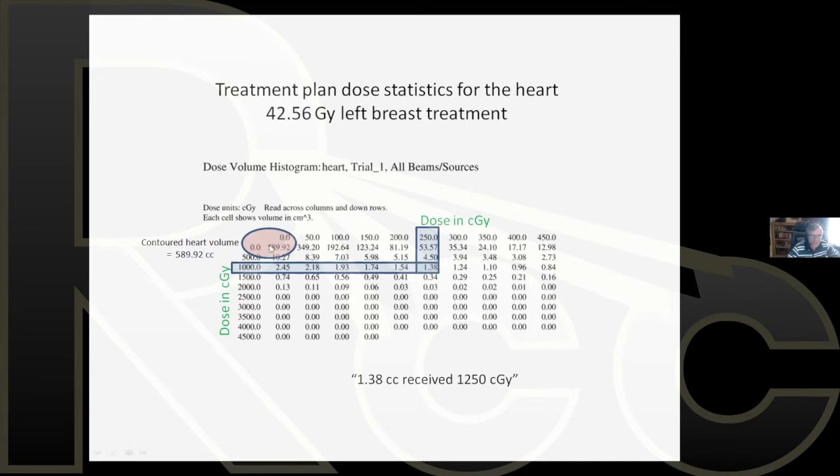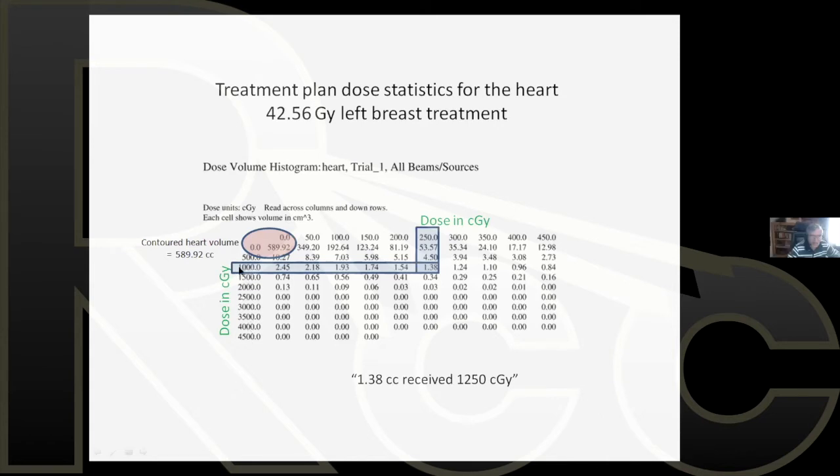So zero dose goes to 589.92 cc's of heart. As you start to step up in dose, you have less and less of the heart being involved, and that's good. The way Pinnacle works is you use the high dose numbers here.